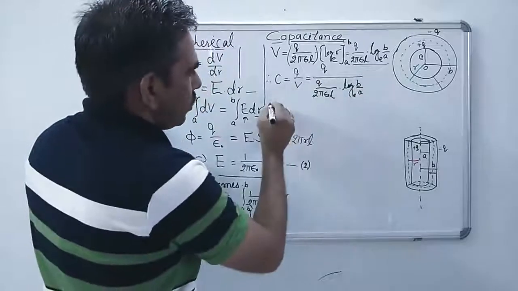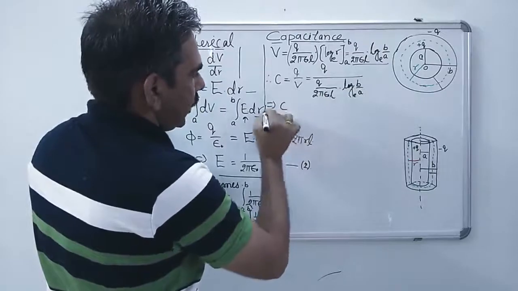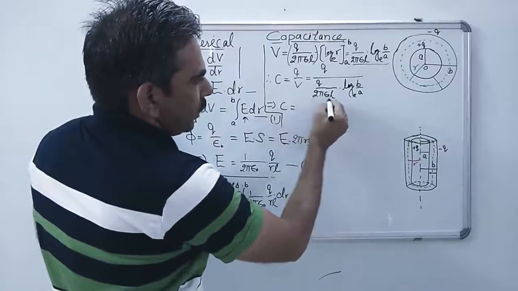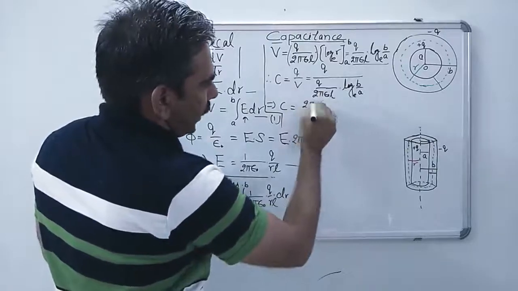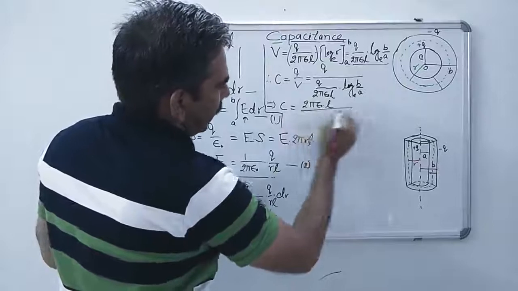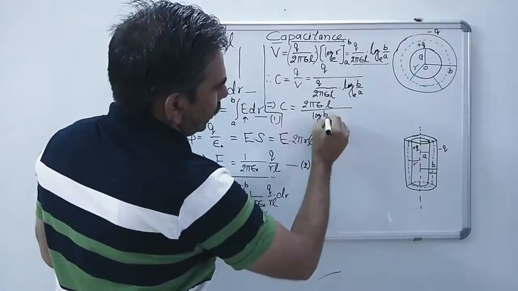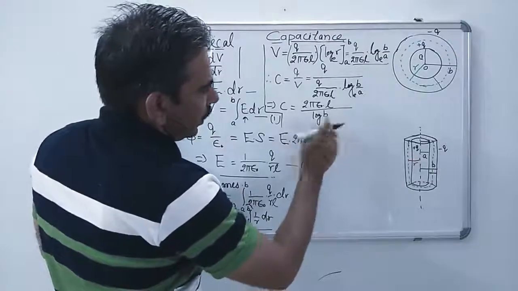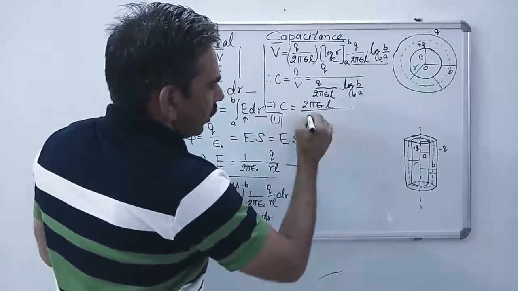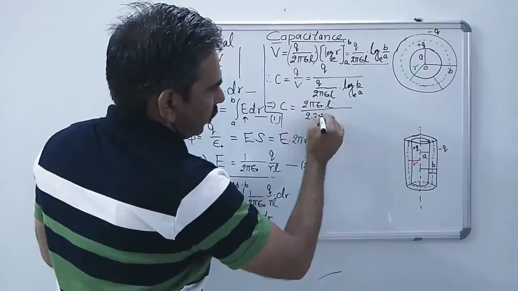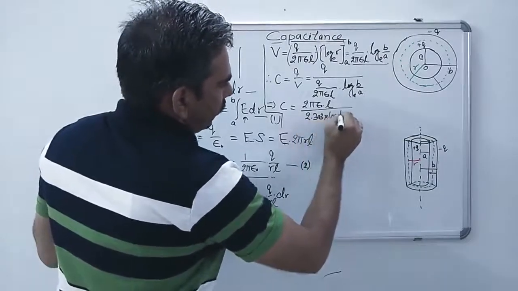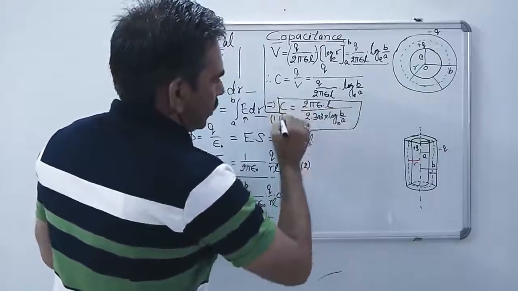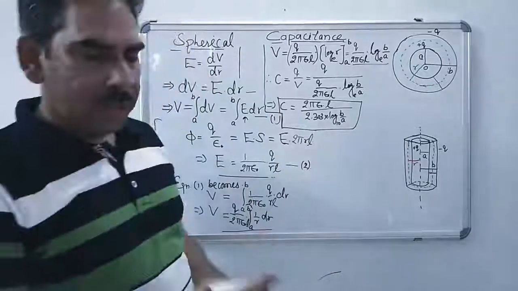So q cancels out, and we are left with only the expression: capacitance is equal to 2 pi epsilon naught into L divided by log b upon a to the base e. If we are writing it to the base 10, converting it, then it is equal to 2.303 into log of b upon a to the base 10. So this is the capacitance of a cylindrical capacitor.